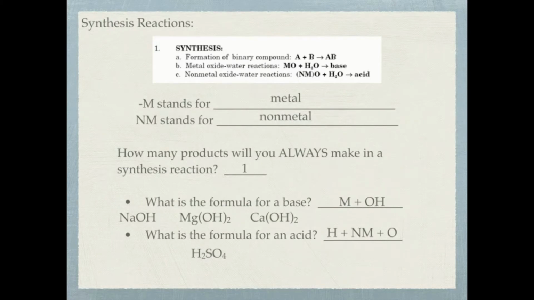You've got hydrogen followed by a nonmetal, followed by oxygen. For carbonic acid, you've got hydrogen followed by your nonmetal, carbon, followed by oxygen. The important thing for you to know, for 1A and 1B synthesis reactions, to create your product, you're just going to cross your charges. For 1C, you're going to balance as you go.